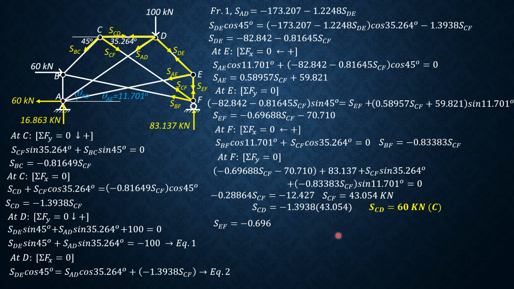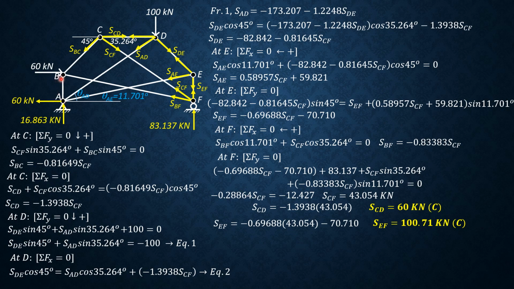Then SEF is negative 0.69688 of SCF, which is 43.054, minus 70.710. So SEF is negative 100.71, or SEF is 100.71 kilonewtons compression, which is the same answer in the first method.